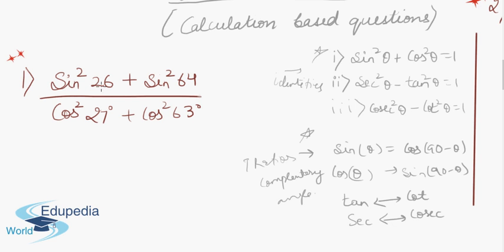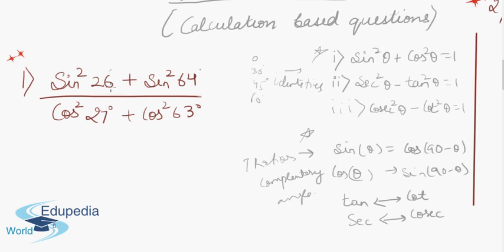Now the first question says sine square 26 degree plus sine square 64 degree over cos square 27 degree plus cos square 63 degree. Friends, we know the values of sine of 0 degree, 30 degree, 45 degree, 60 degree and 90 degree. But we don't know values for angles like 26 degree or 27 degree.